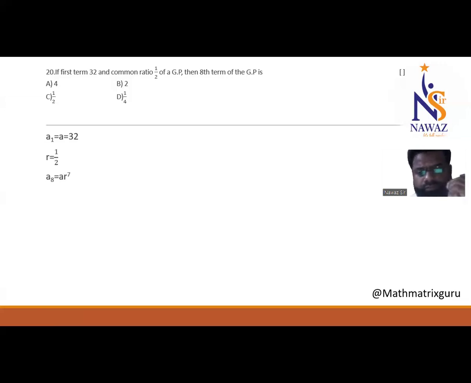The formula for the eighth term A8 is A R power 7. That is nothing but 32 into 1 by 2 to the power of 7. 1 by 2 to the power of 7 is 1 upon 128. Upon multiplication, the 32 multiplies with the numerator. 32 into 1 is 32. 32 by 128 comes as 1 by 4.